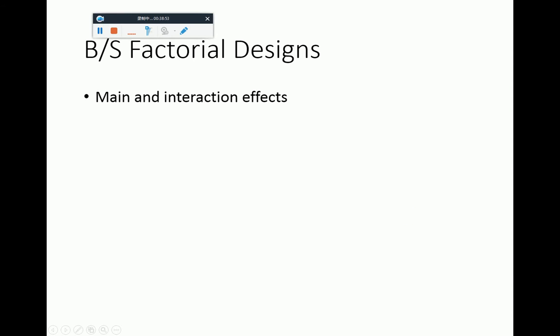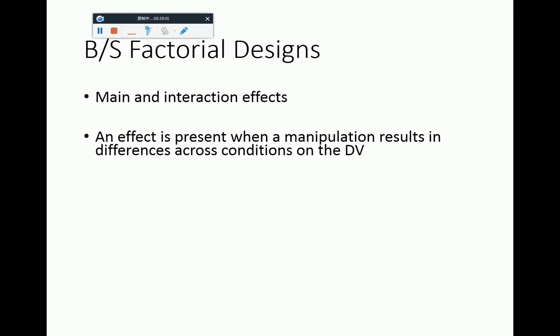And to answer these questions, we need to understand 2 types of effects in more general terms. So, in more general terms, when we say that a manipulation has an effect, we mean that this manipulation results in differences across the conditions on the dependent variable, right?